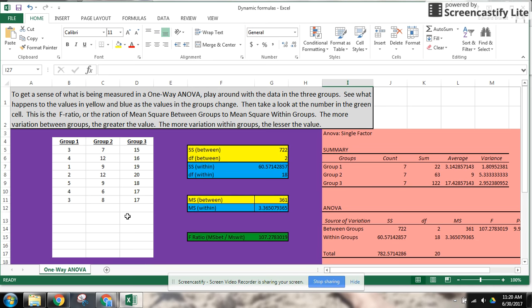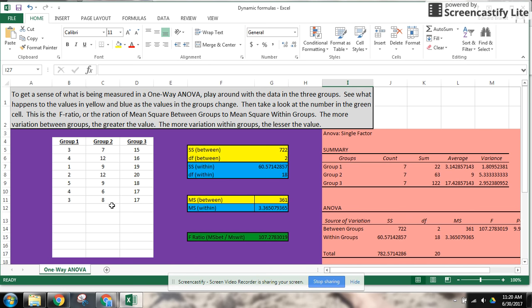We're trying to compare: is the variation taking place in these numbers between the groups greater than the variation taking place within the groups? Anytime you have a set of data, you're going to have some type of variation in real life.